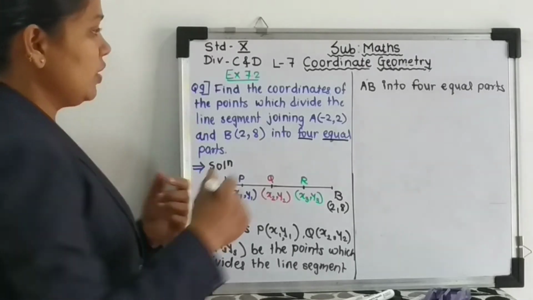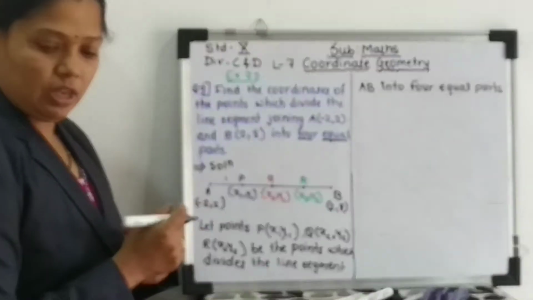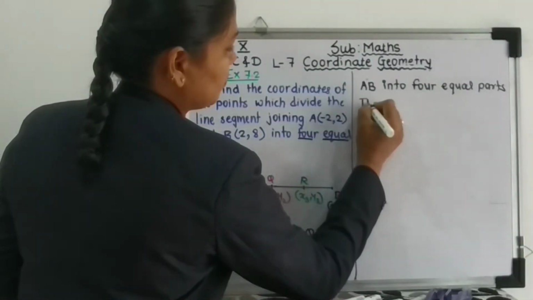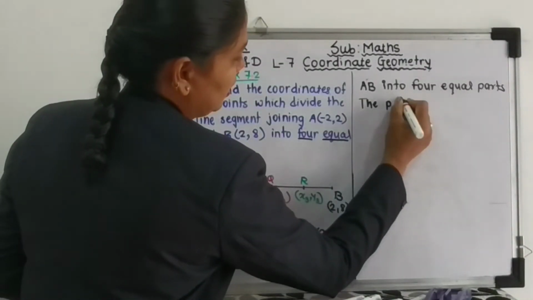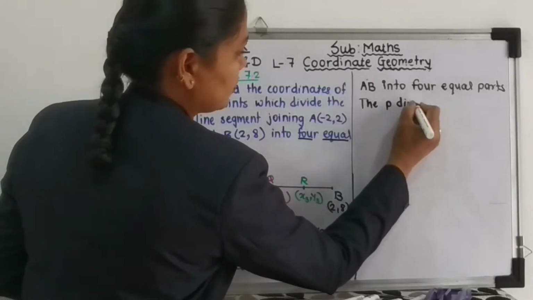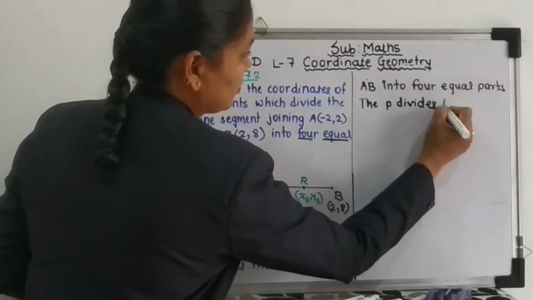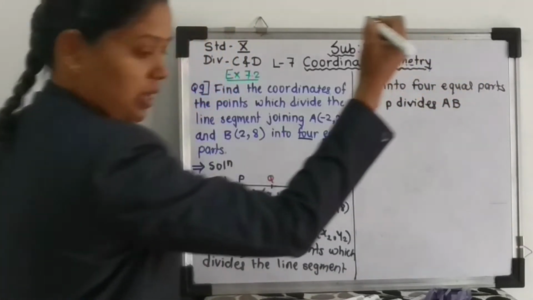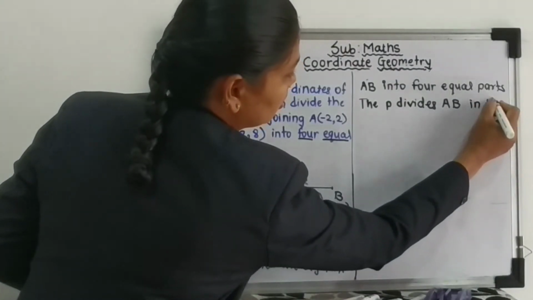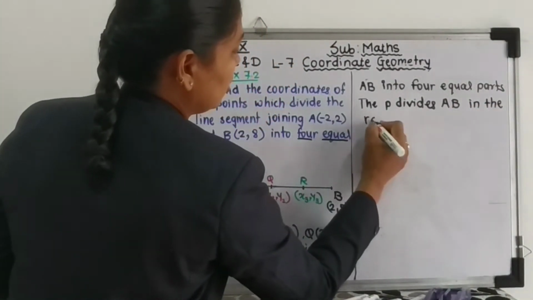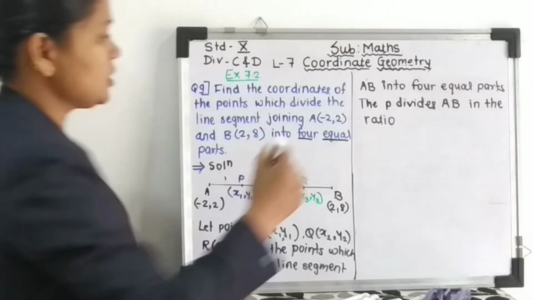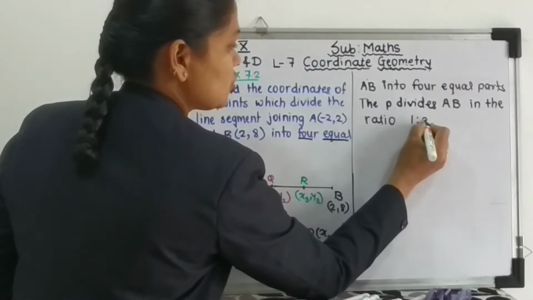Got it? So we will write: where AB is divided into 4 equal parts, P divides AB in the ratio 1:3.